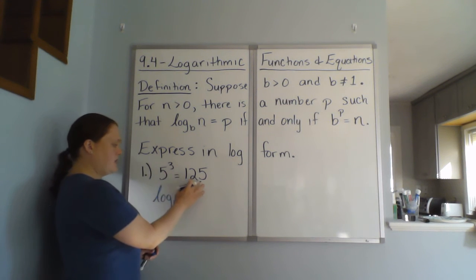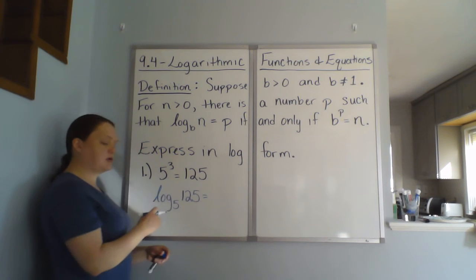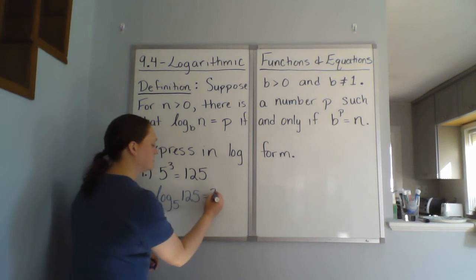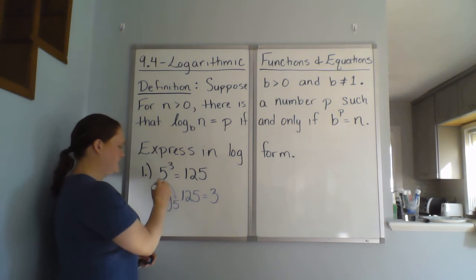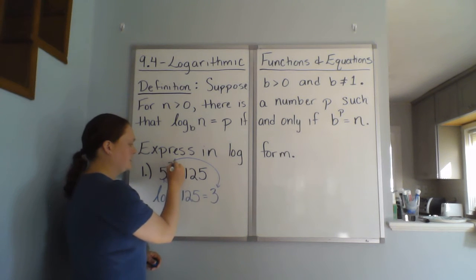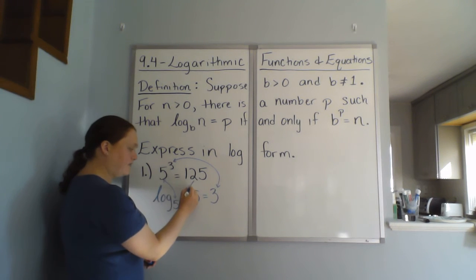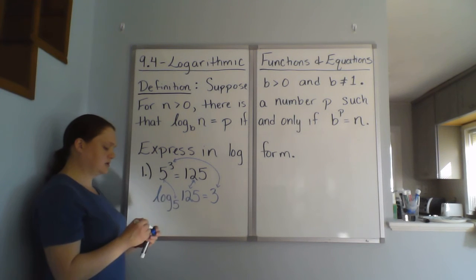The number that we're equal to is 125. The power, or the exponent, the thing we're trying to isolate, is a 3. So the 5, the base, is the base of the log. The exponent is what's being isolated. And what was isolated before goes inside of the logarithm. All right, so that's the structure.